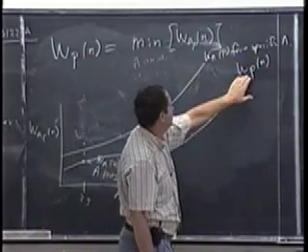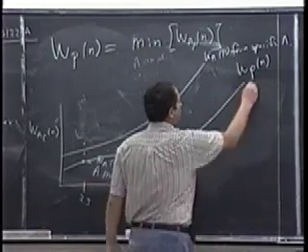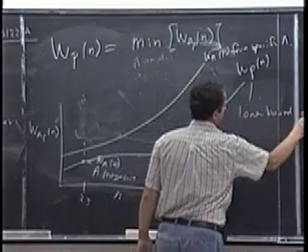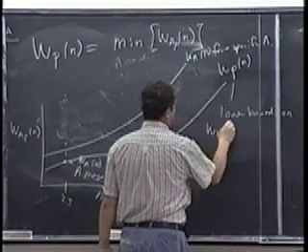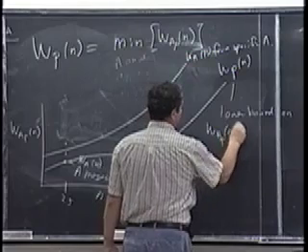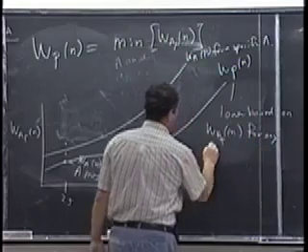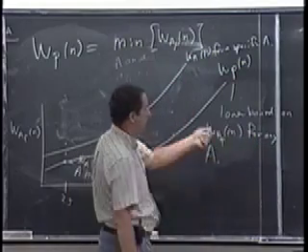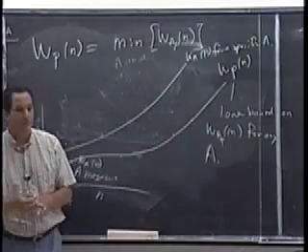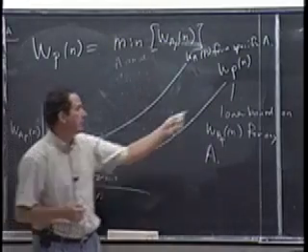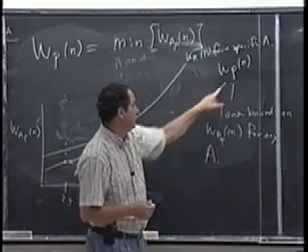But this function is a lower bound on W_A(n) for any algorithm A that solves problem P. And the point of making this so formal is that sometimes we can actually come up with such functions.